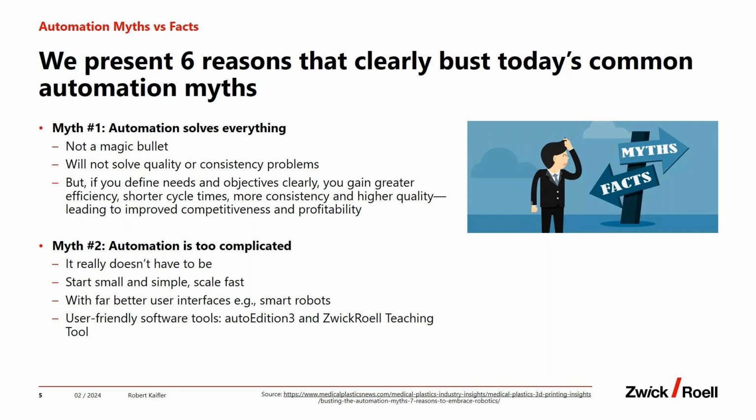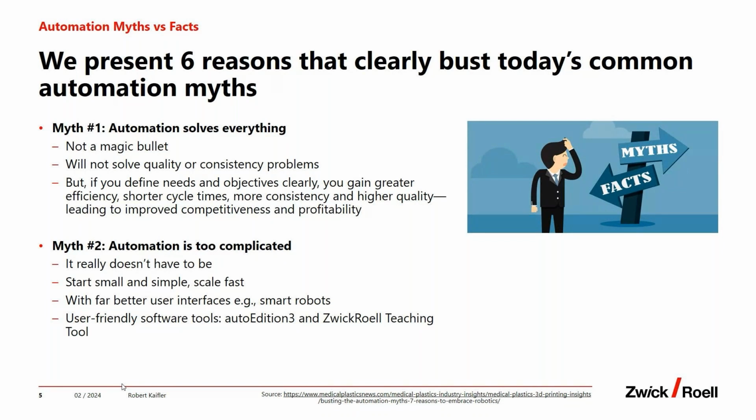I'm turning back to myth number 2: automation is too complicated. I was drawing attention to the last point here. In the last years, we had the introduction of new user-friendly software tools. In our case, it's the AutoVision software, which controls the robotic system, and also the ZwickRoell teaching tool.